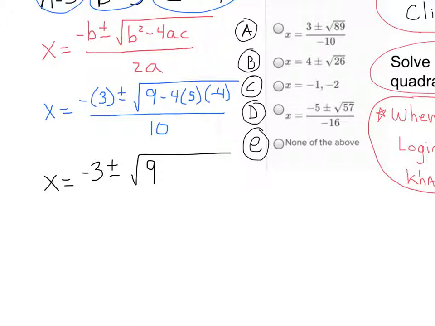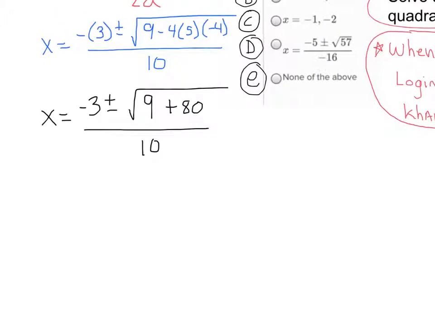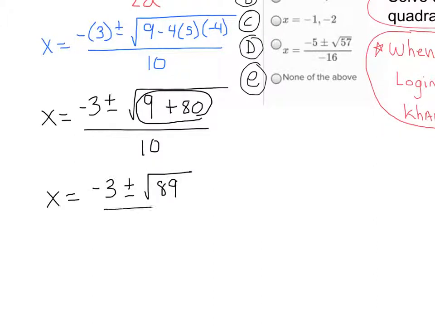So since it's positive, I put plus 80. If it were negative, I'd have put minus 80, all over 10. And now 80 and 9 is 89, so I've got x equals negative 3 plus or minus the square root of 89 all over 10. And now I want to find the two answers.